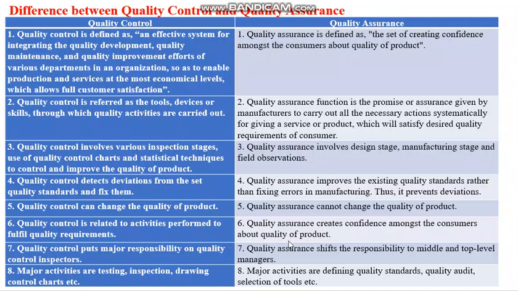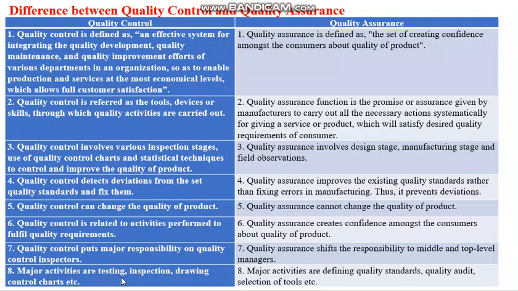Quality assurance creates confidence amongst the consumers about the quality of the product. And the seventh one is quality control puts major responsibility on quality control inspectors. Yes, because this is within the department, and quality control inspectors are there. They will be mainly responsible for the quality, whereas quality assurance shifts the responsibility to middle and top level managers.